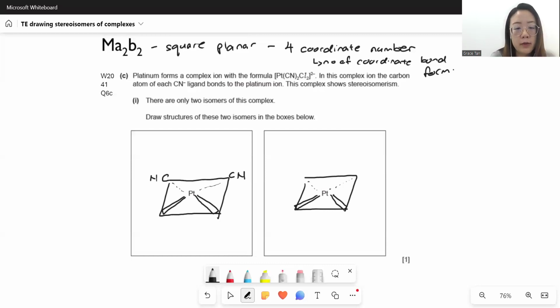And then chlorine is 1 atom like this. Okay, now when you have both 90 degrees apart, if your 2 monodentate are 90 degrees apart, we call this cis-isomer. If you draw it the other way around, which is opposite, this is 180 degrees apart. This is called trans isomer.